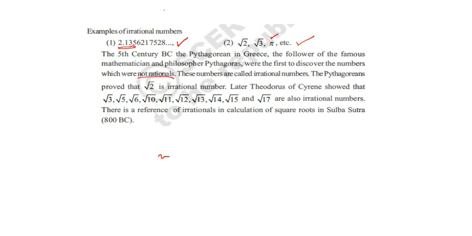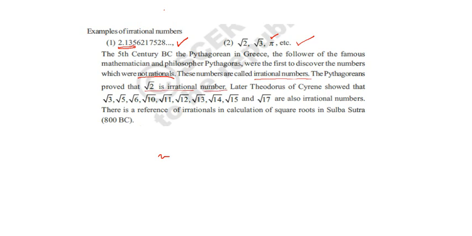The first to discover the numbers which were not rationals were the followers of Pythagoras. These numbers are called irrational numbers. This is the history of irrational numbers. The Pythagoreans, the followers of Pythagoras, proved root 2 is an irrational number.